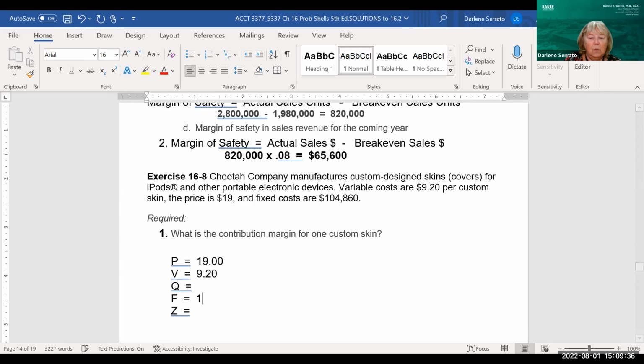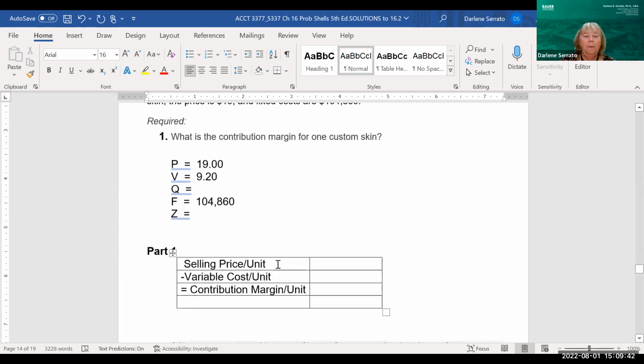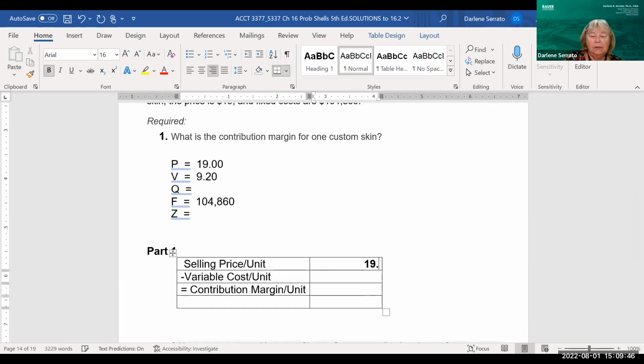F is 104,860. Contribution margin, $19 subtract the $9.20 to give us $9.80.